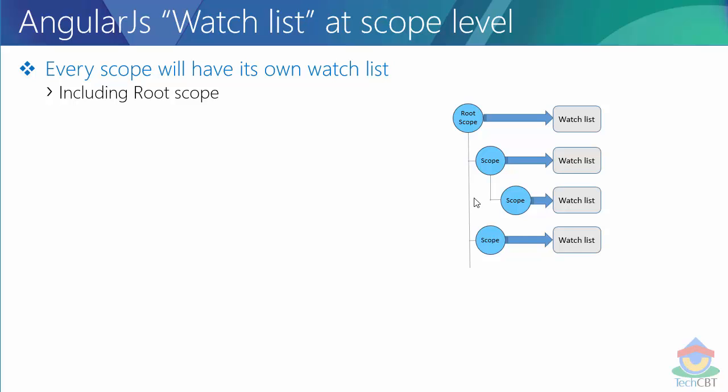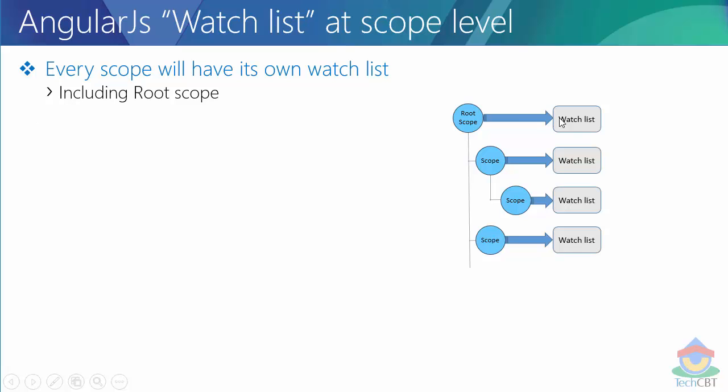Even though they might inherit some properties from other scopes, every scope is still independent. So every scope maintains its own watchlist, and that watchlist is automatically maintained by the AngularJS framework itself based on the data bindings you specify in your markup.